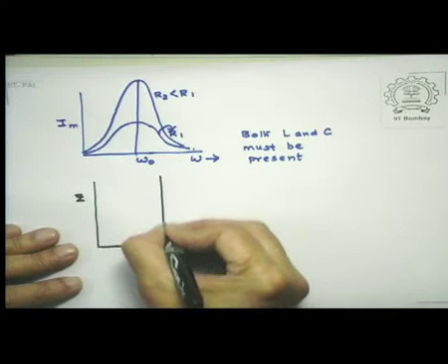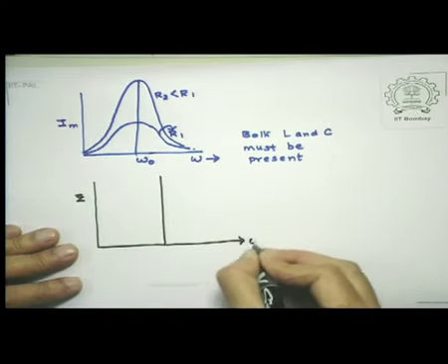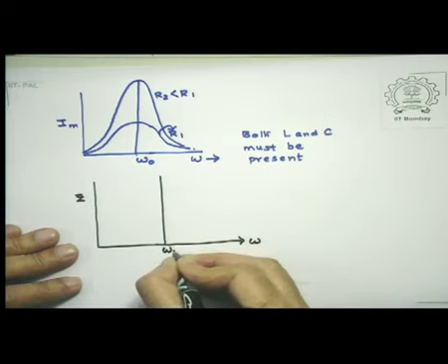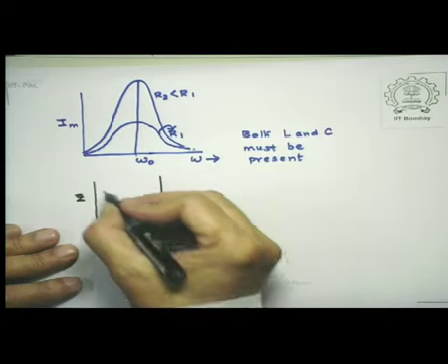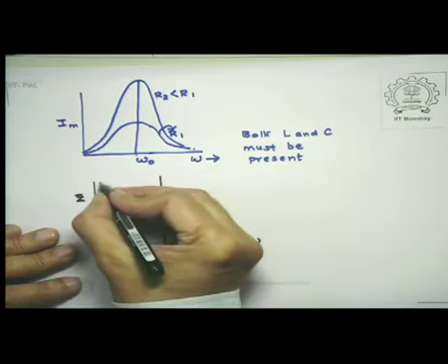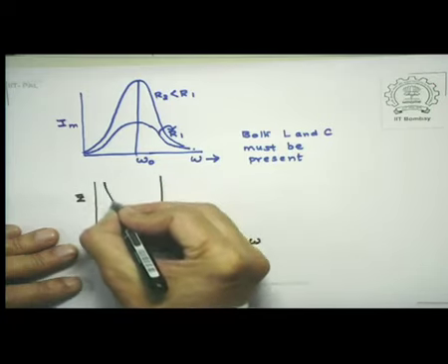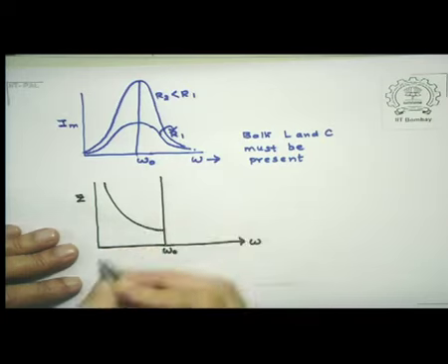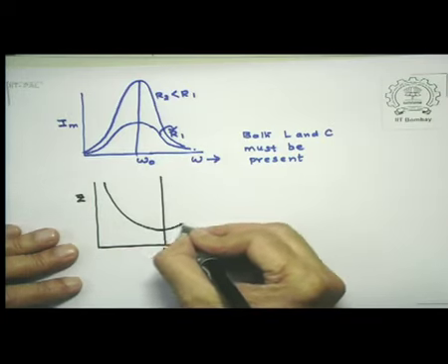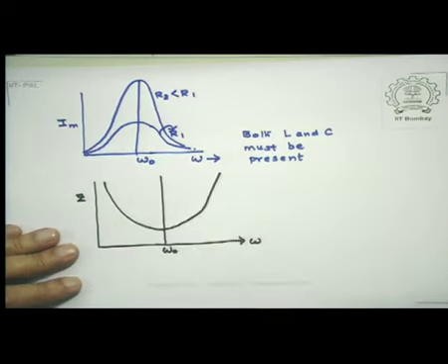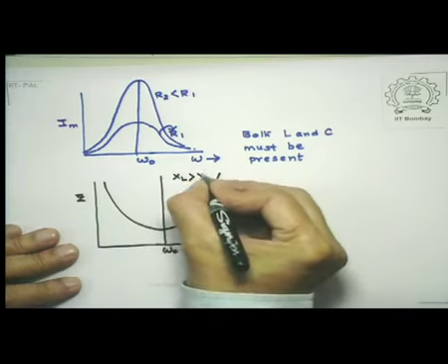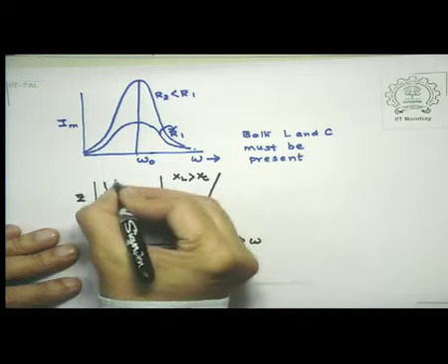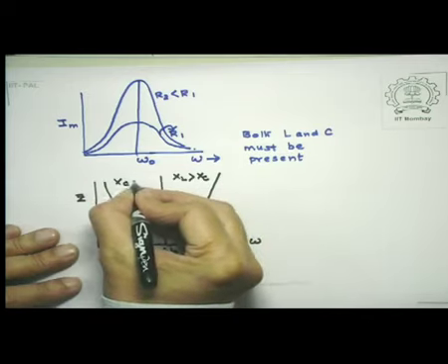Supposing this corresponds to omega 0, and I am plotting it against omega or frequency, it doesn't matter. In the capacitive section, I get this, and for the inductive part, this is XL greater than XC, and this is XC greater than XL.